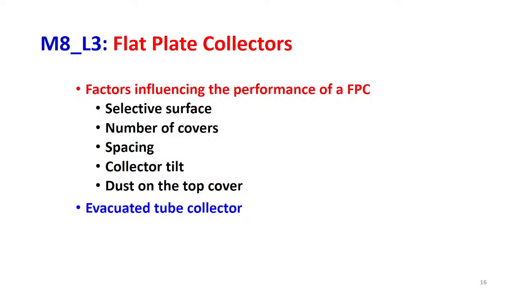What kind of selective surfaces are used to increase the absorptivity of solar radiation and reduce the emissivity of the radiation, what number of covers is optimum for maximum absorption of solar radiation, what spacing should be maintained, what should be the collector tilt if you are not rotating the device, then what will happen if you are rotating the device, what angle you need to maintain with respect to time, and dust on the cover. These are very important parameters to be considered. And also we have studied the evacuated tube collector.